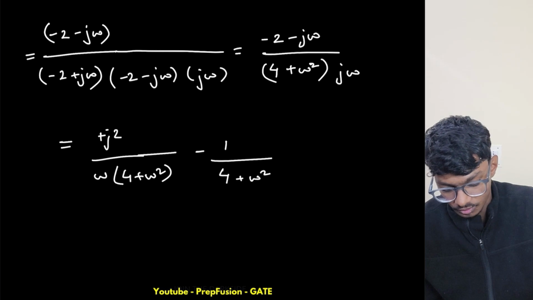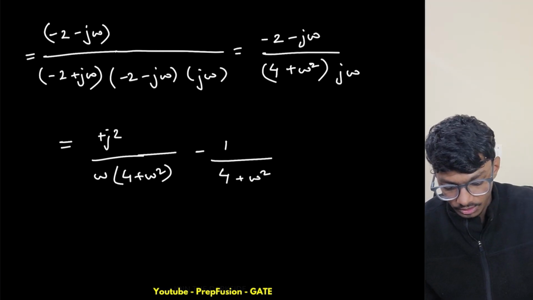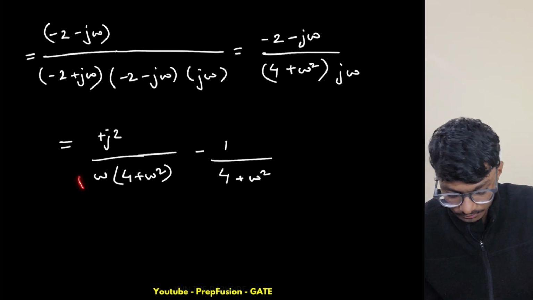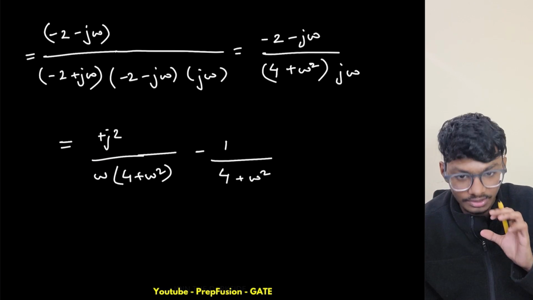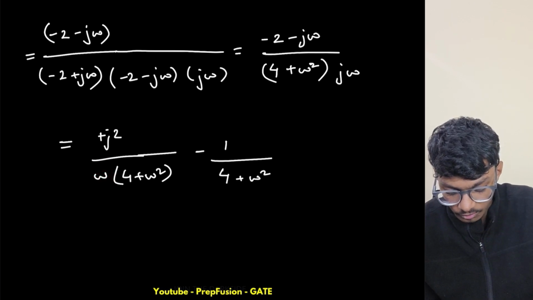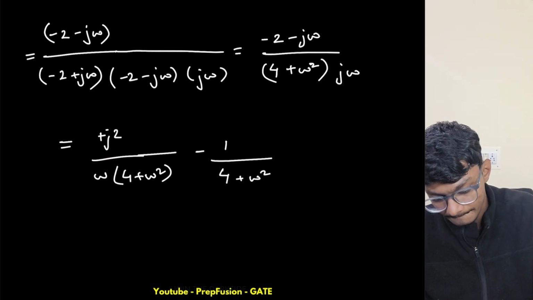Now you put omega equals something positive. What do you see? Your imaginary part is positive. So this is my imaginary part.